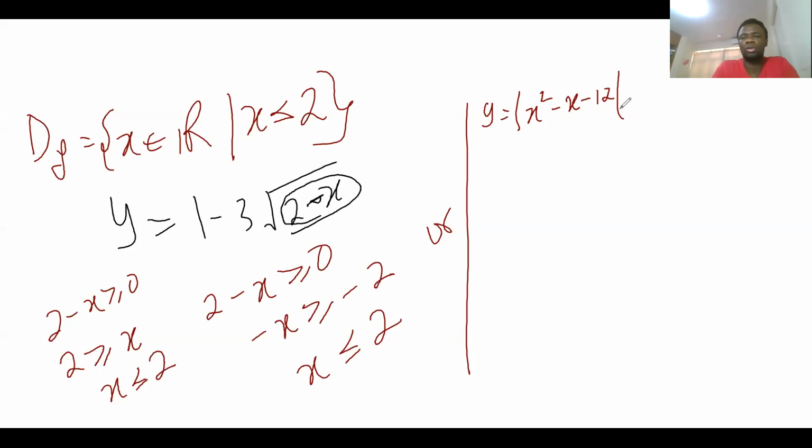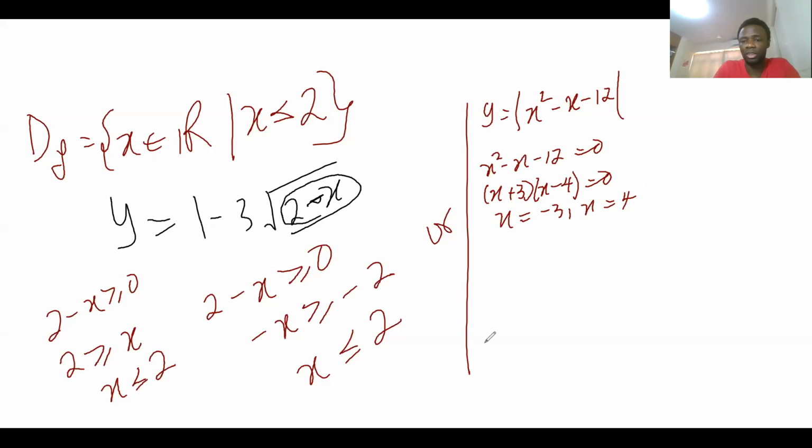All right. So the minimum is when this is 0. So when this is 0, x squared minus x minus 12 is equal to 0. I get (x + 3)(x - 4). So x will be equal to -3 and x is equal to 4. So which means at the minimum, it's going to touch at -3 and 4.